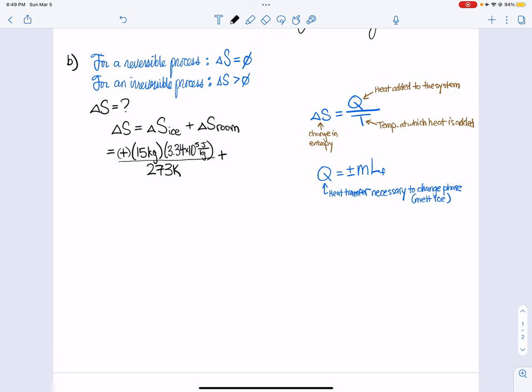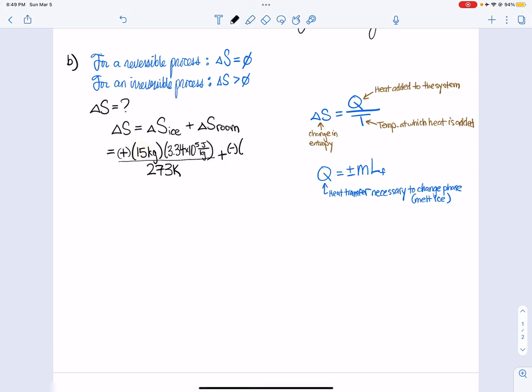So Q room will be equal in magnitude to the heat transferred into the ice, but it will have a negative sign, or the opposite sign, right? The sign is negative because heat leaves the room and transfers into the ice. The room is our system in this case, right? And it has the same magnitude as whatever transfers into the ice.